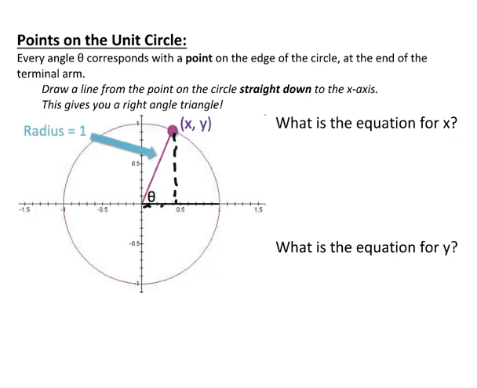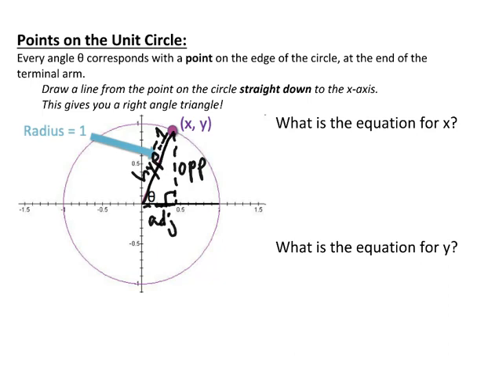And then I'll just draw the line along the x-axis as well. What you'll notice is you have a right angle triangle here with a radius of 1, or a hypotenuse of 1. This is the hypotenuse here, and that equals 1. If this is my angle in here, then the side opposite my angle must be this side, and the side adjacent to my angle would be here.